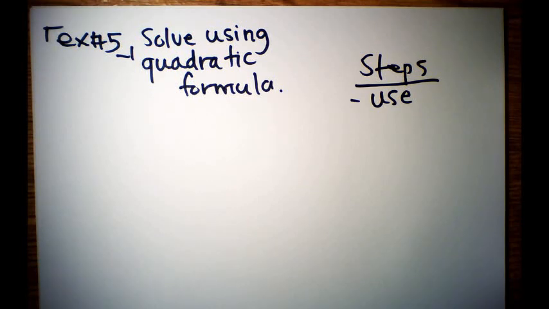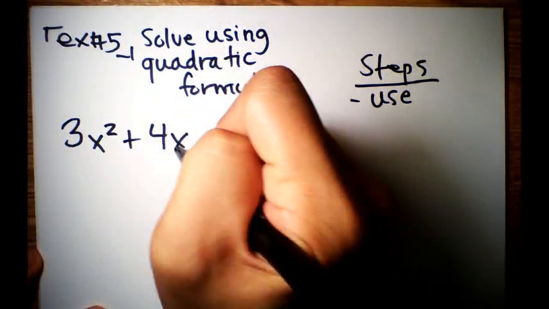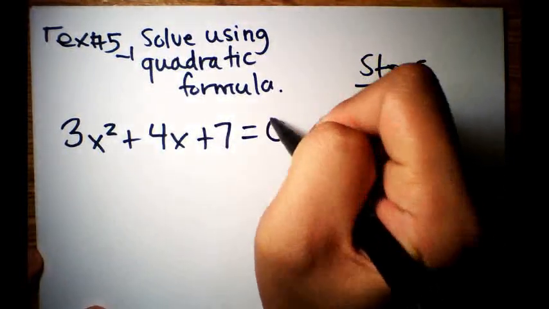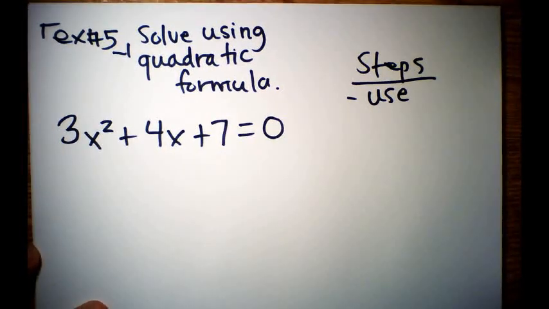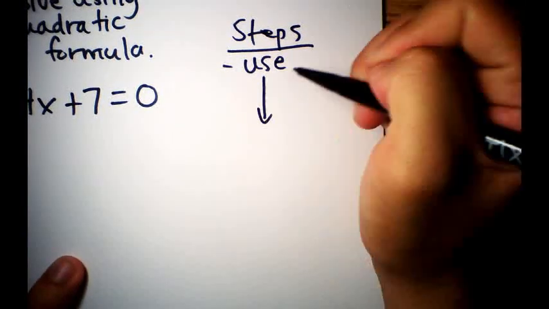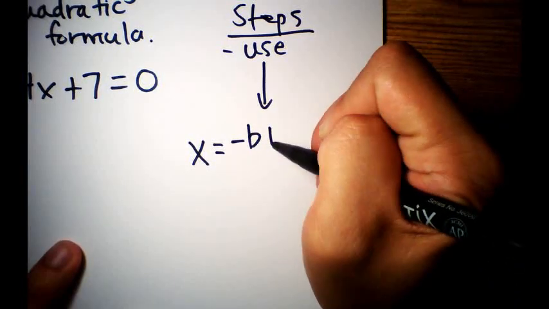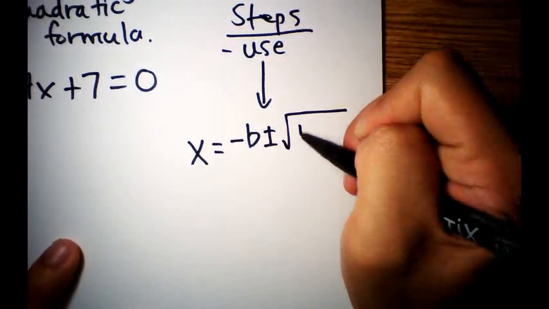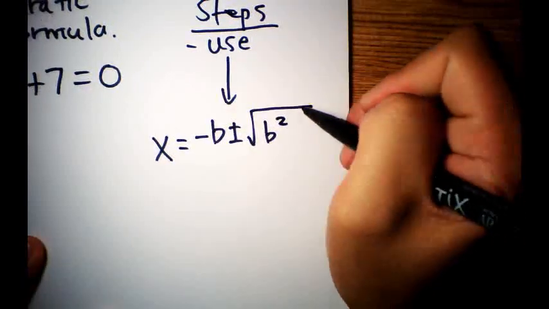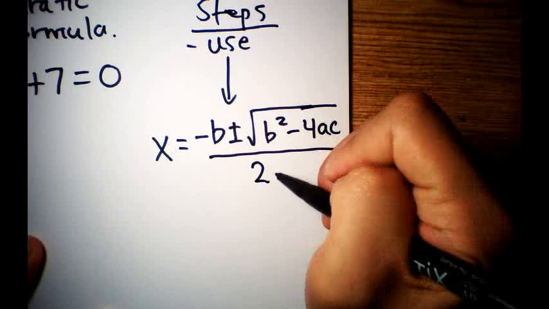Let me give you the equation first. 3x squared plus 4x plus 7 is equal to 0. And you're going to solve for x using the quadratic formula. These are the steps that you're going to do. This is the formula again: x is equal to negative b plus or minus the square root of b squared minus 4ac, all over 2a.